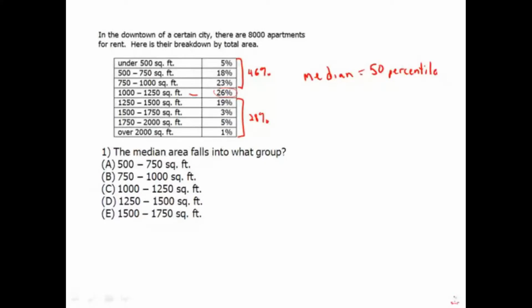So in other words, approaching from either side, once we add that 26%, we are above 50%. That is the sure indication that somewhere within that 26% is the 50% mark, the median. So the median is the 1000 to 1250 group, answer choice C.